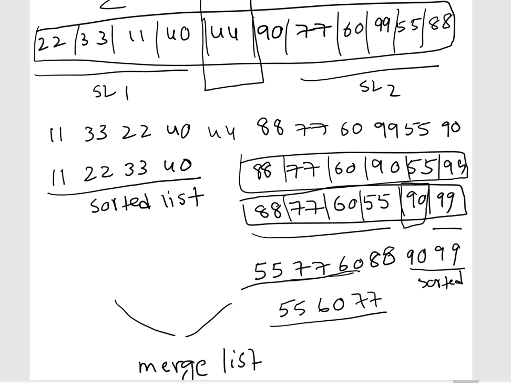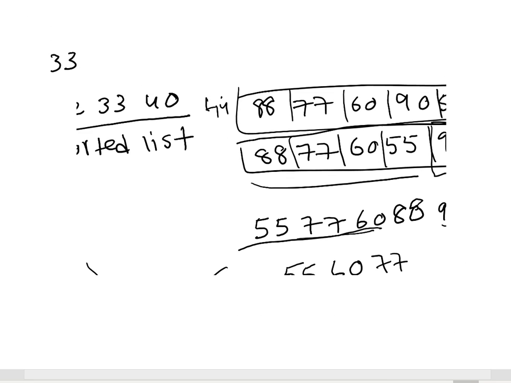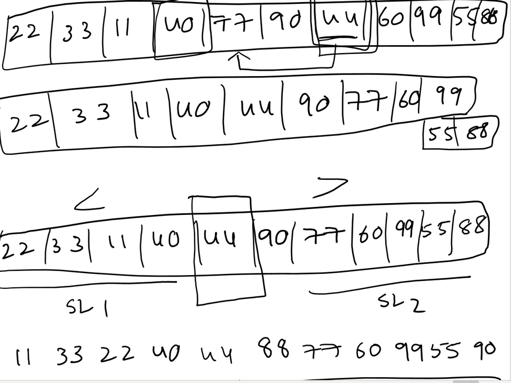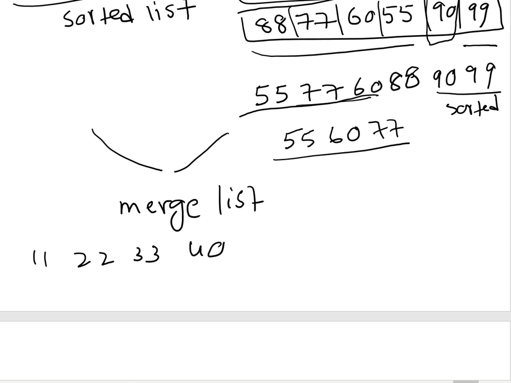So here will be 44, and then here these values are 55, 60, 77, 88, 90, 99.